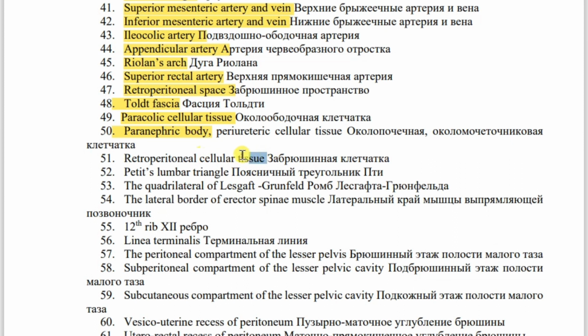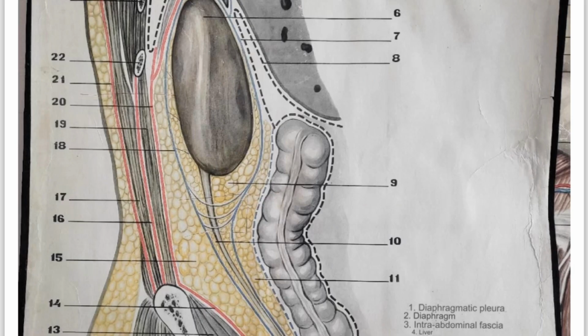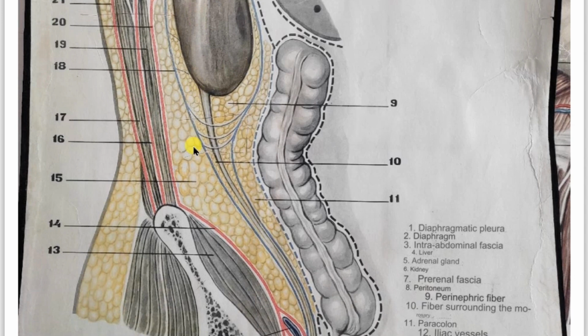Next, we have retroperitoneal cellular tissue. Here you can see the retroperitoneal cellular tissue or retroperitoneal space. You can call it the same because we discussed it previously, retroperitoneal space.